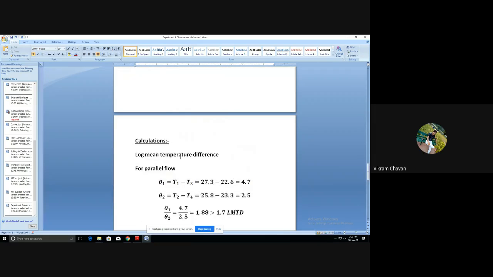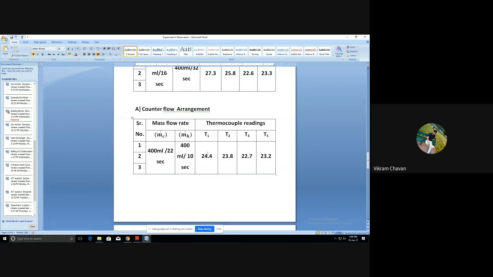Theta 1 will be considered as T1 minus T5, the inlet temperature of the hot fluid minus the outlet temperature of the cold fluid, and T2 minus T3 will be theta 2 in case of a counter flow heat exchanger.